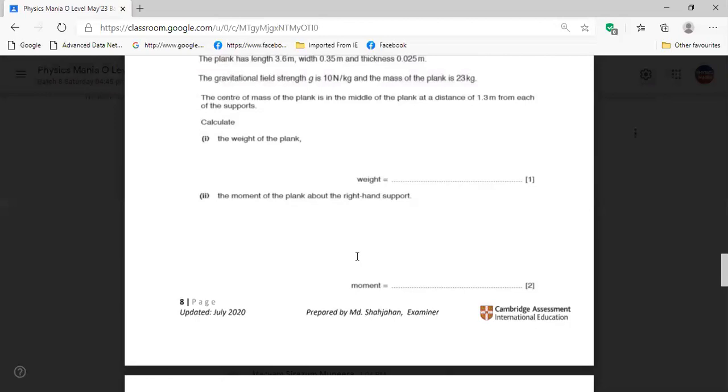So what is the answer? 230 multiplied by 1.3. It comes to 299.